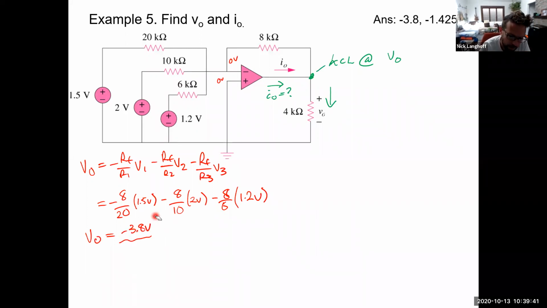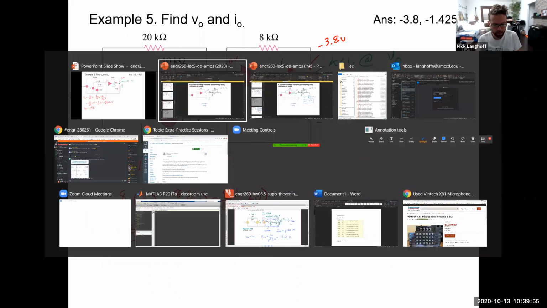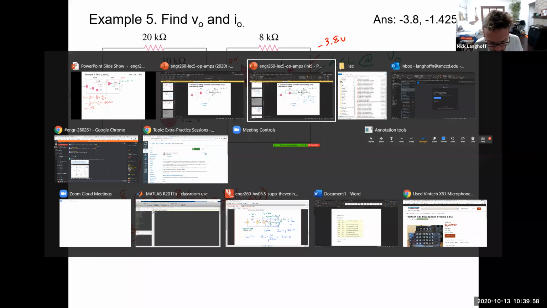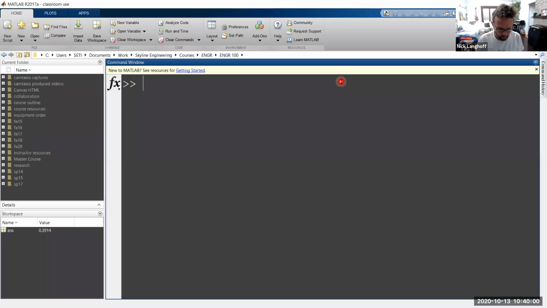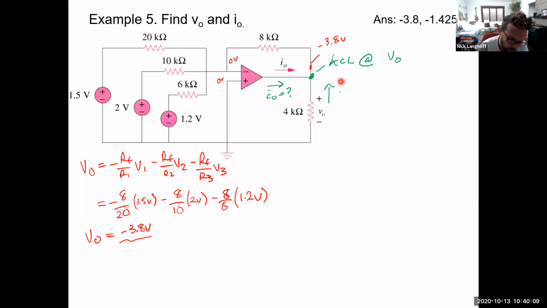Now that we know that V out is -3.8 volts, that means there's current flowing up through the 4K resistor. That's -3.8 over 4K, which is 0.95 milliamps flowing through the 4K.